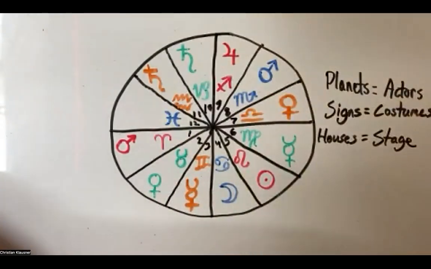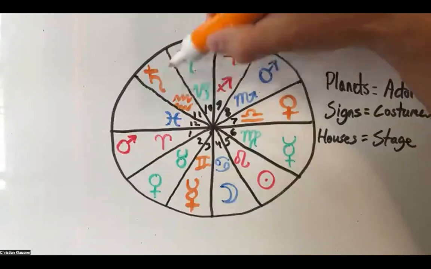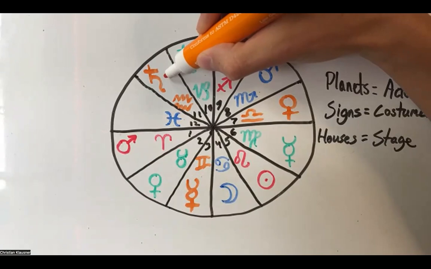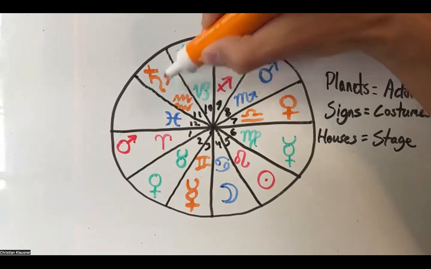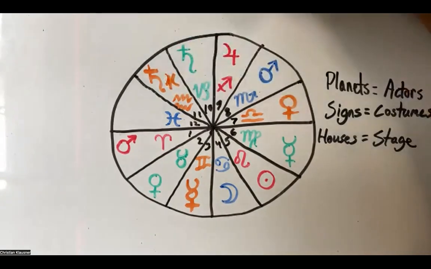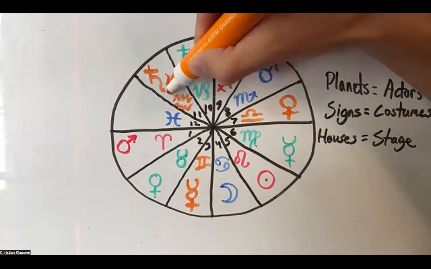Now, the secondary ruler of Aquarius is Uranus. You could call it the modern ruler. All right. I don't know if I'll really be able to fit this in there, but you get the idea.